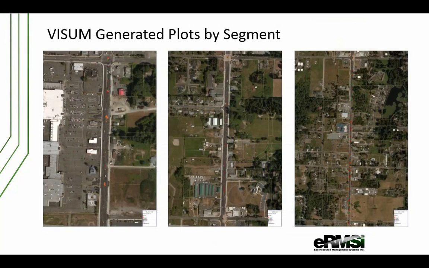We actually engaged the individuals in the area, the ones that owned the property. We made plots to use in our meeting, and it's a little hard to see here, but we actually plotted all of the crash locations.